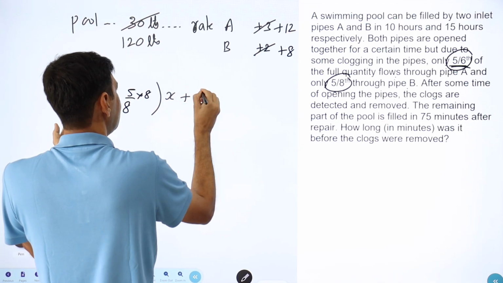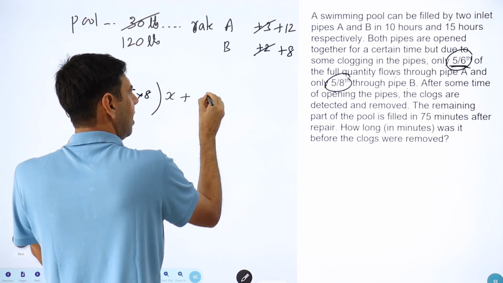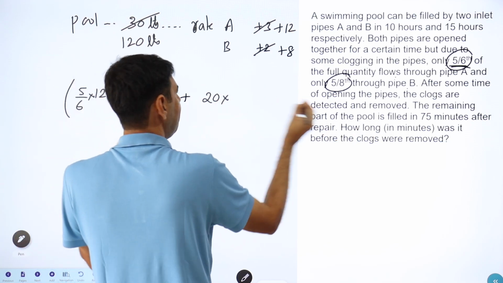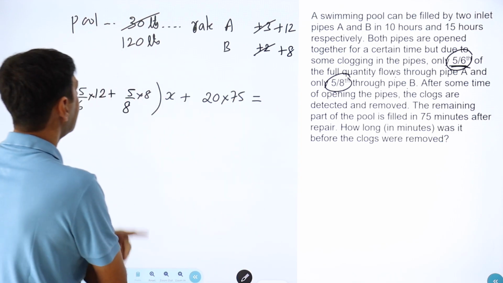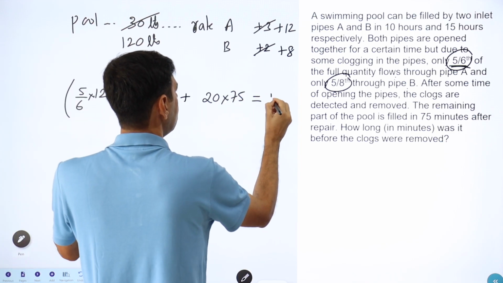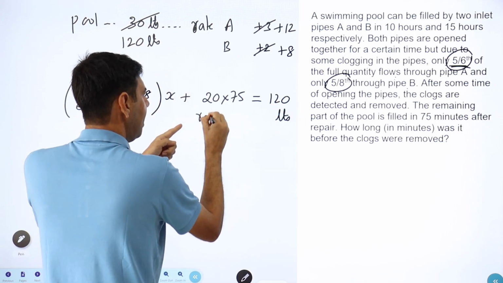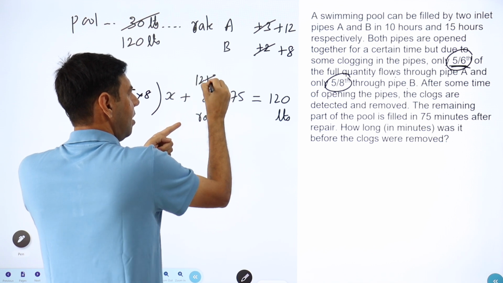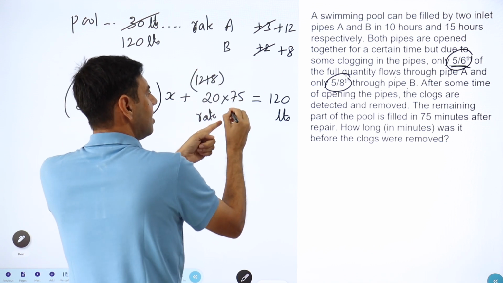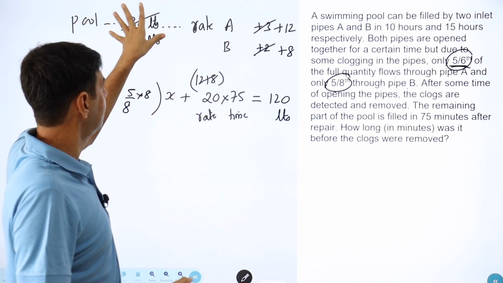The full rate is full 12 plus 8, that's 20, right? 20 into 75 minutes. And can I say this rate, the work done is 120 liters. This is the rate of filling, 12 plus 8. Okay, this is the time, the rate into time is the work done. This is your work done.